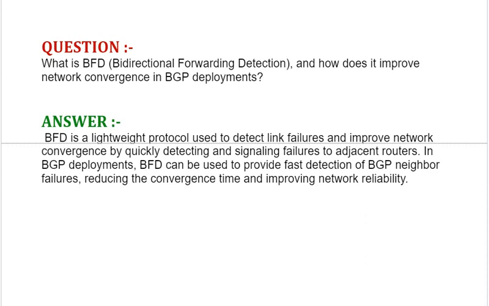Our next interview question is, what is BFD, Bidirectional Forwarding Detection, and how does it improve network convergence in BGP deployments? Your answer should be: BFD is a lightweight protocol used to detect link failures and improve network convergence by quickly detecting and signaling failures to adjacent routers.